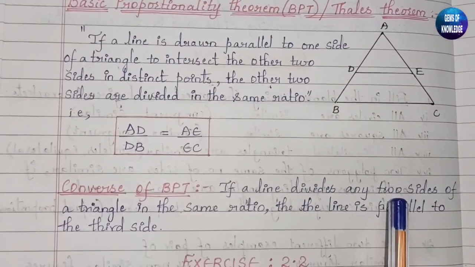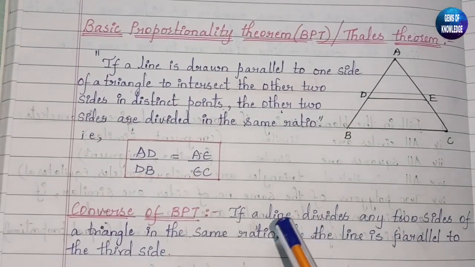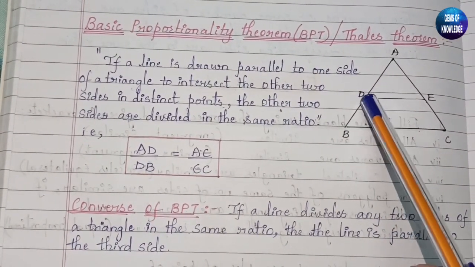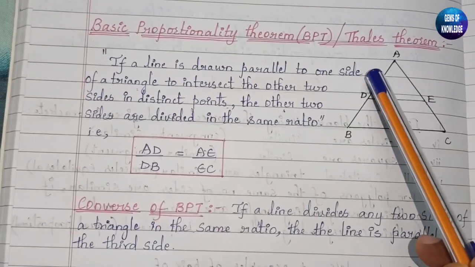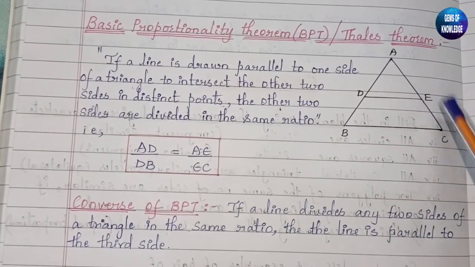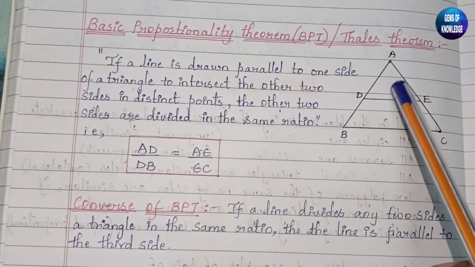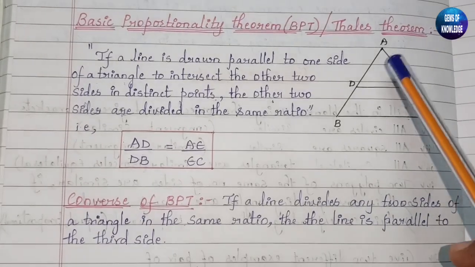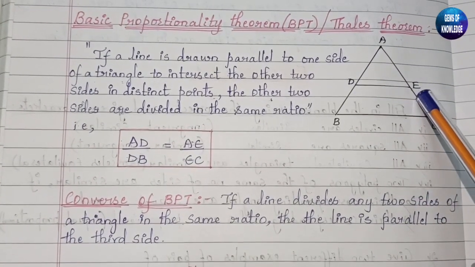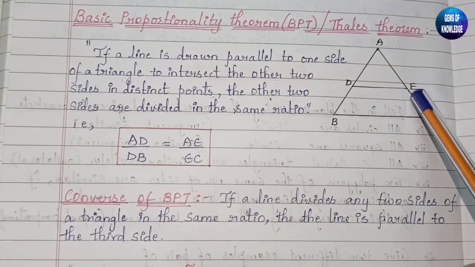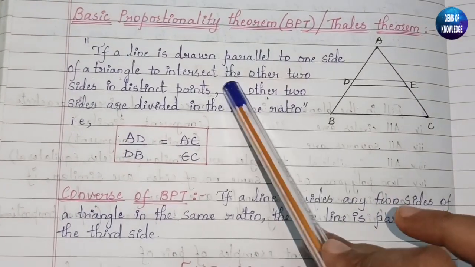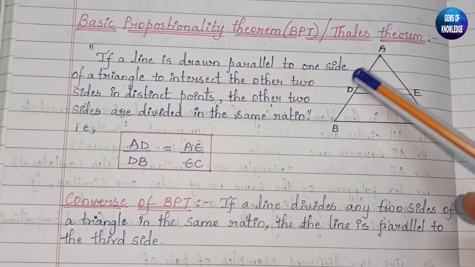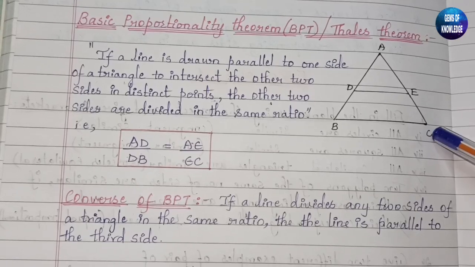Now what about the converse of this theorem? In the theorem, they have given that if this line is parallel to this line, then it is dividing these two sides into the same ratios. Here we need to say that if these two lines are parallel, then this line is dividing the remaining two sides into the same ratio.